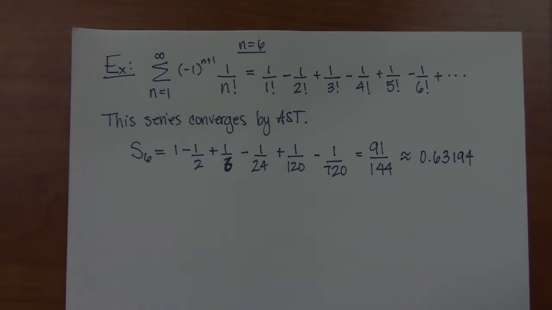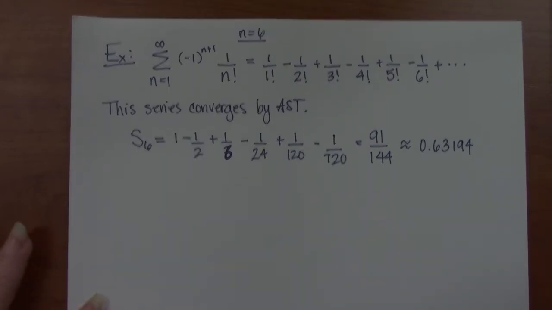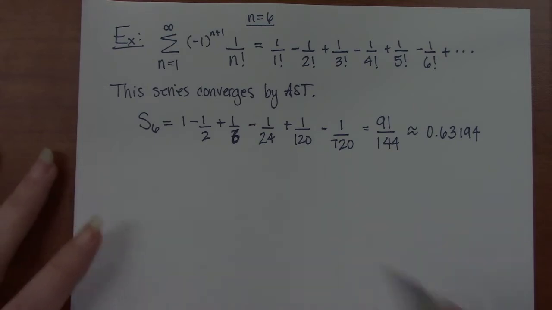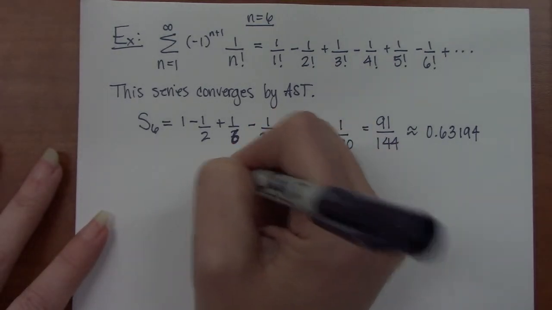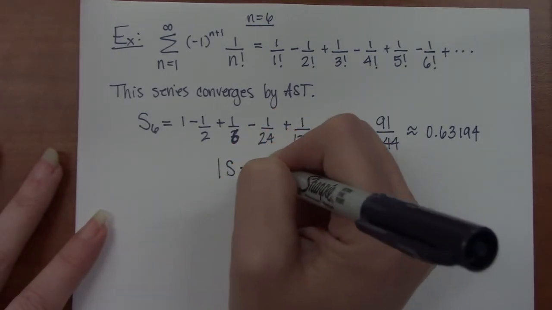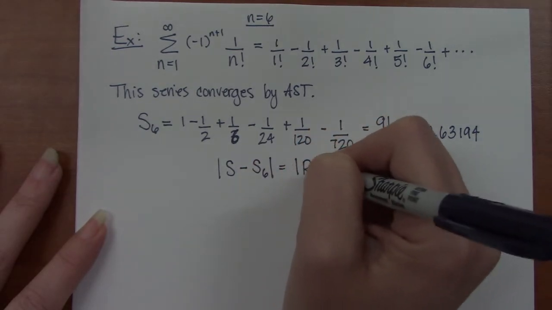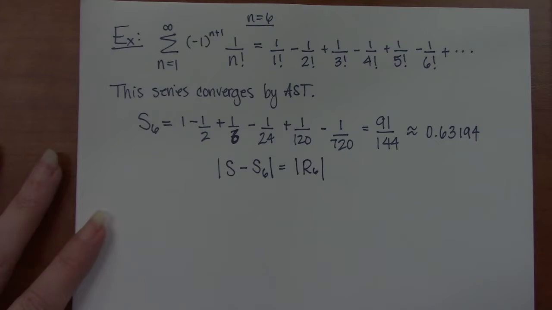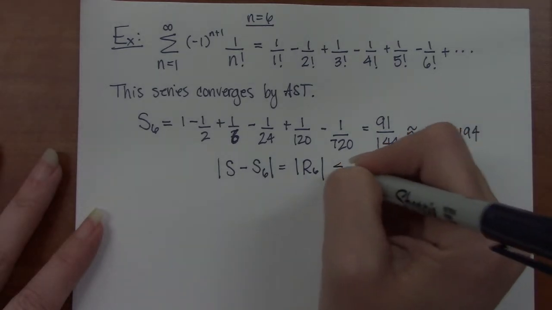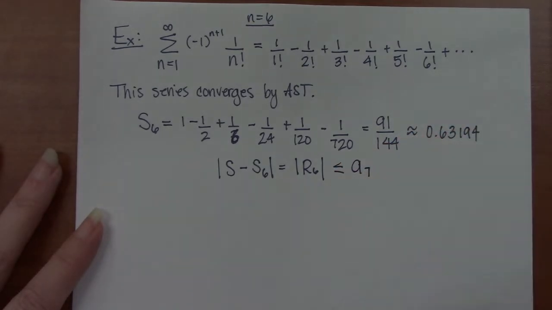So the theorem says, well, if I take the sum, subtract S6 from it, that equals the remainder at 6. And so R6 means that would be the sum of 7 through infinity, right? And this should be less than or equal to A7.